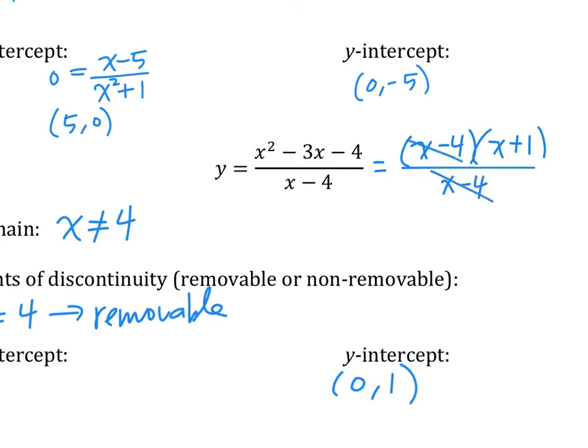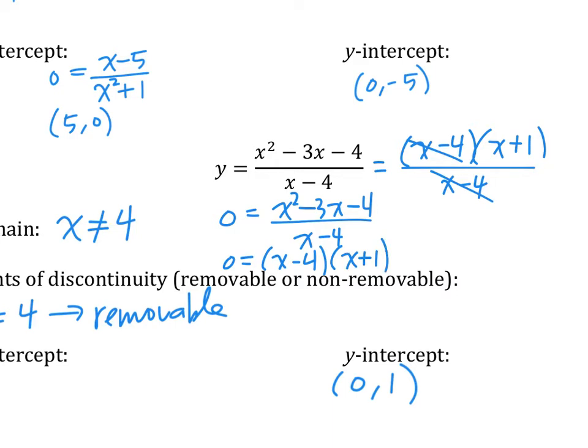Okay, so this got removed. So x-intercept. X-intercept is when the function is equal to 0. So that means you make this whole thing equal to 0 and you try to solve, right? Now this is a little bit tricky because when you do try to solve, you're going to get x minus 4 and x plus 1.